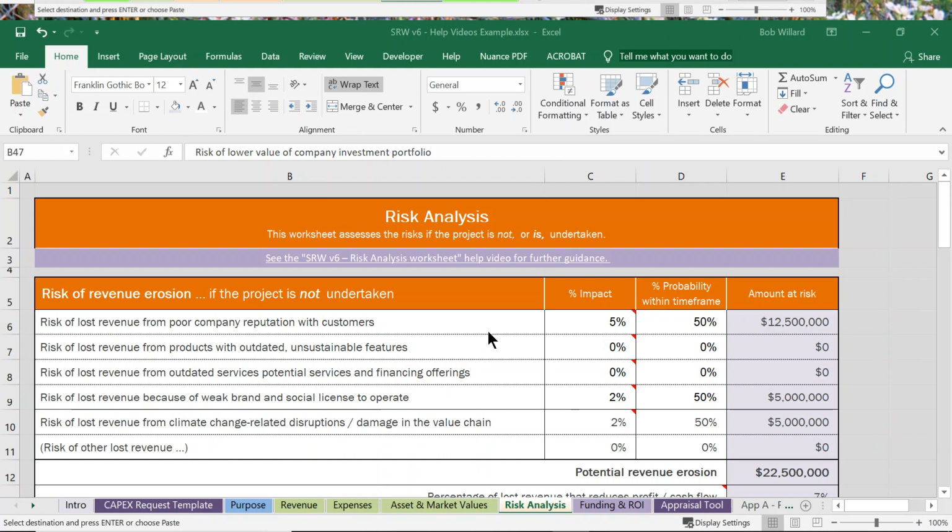So in the case of the revenue risks, or risks to revenue, we've used the same potential improvement that we showed on the revenue one, except the flip side of that, and a probability of 50% for each of those line items.